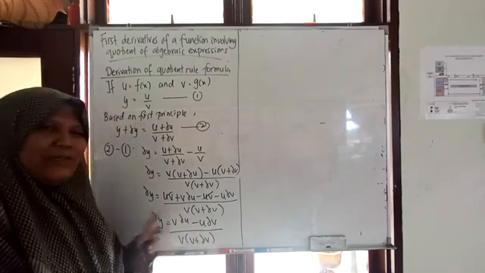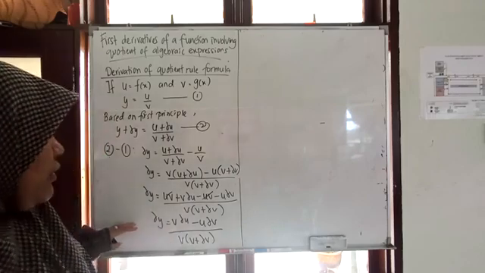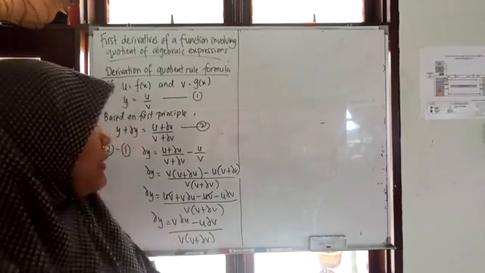We need to find delta y over delta x. So what are we going to do? We need to divide both sides by delta x.